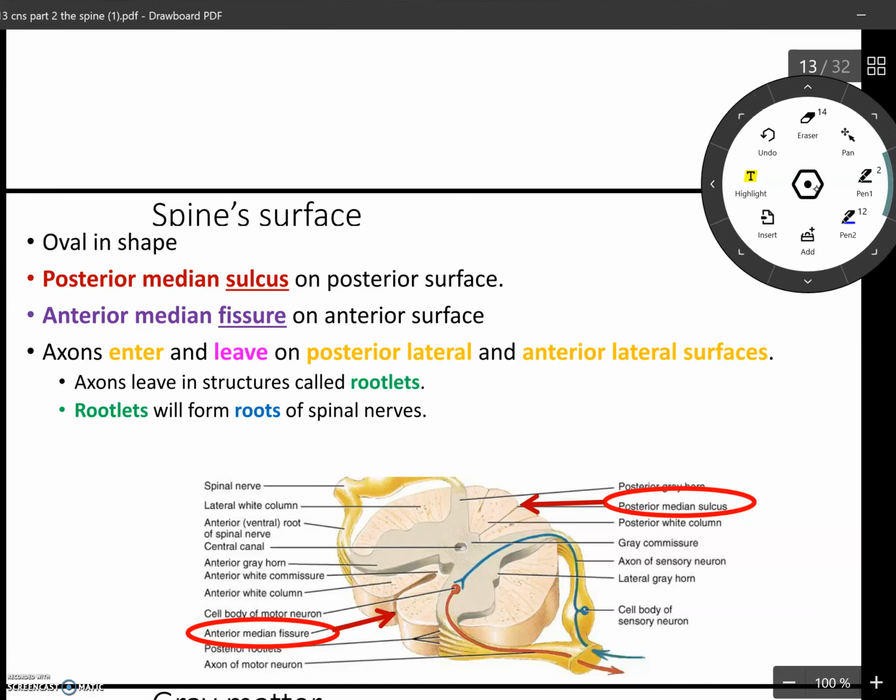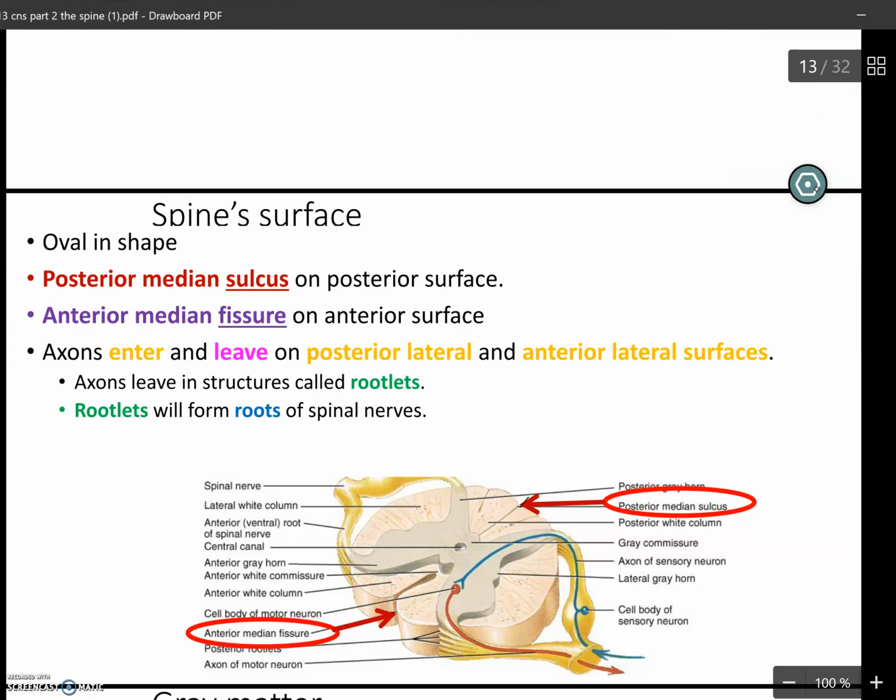So, to summarize, we have a little itty-bitty sulcus back here on the posterior side in the middle, posterior median sulcus. A big, giant fissure on the front, the anterior median fissure. And afferent neurons are going to come in the back, or the axons of afferent neurons are going to come in the back.